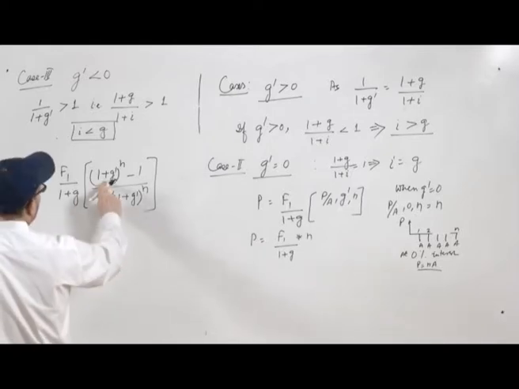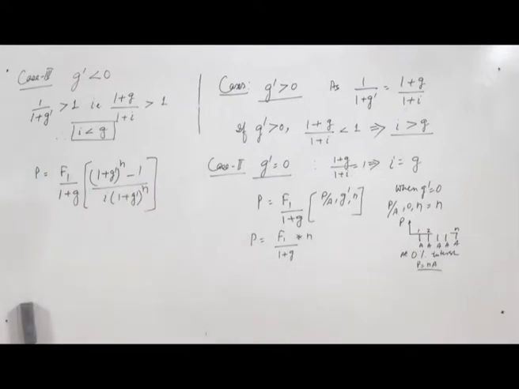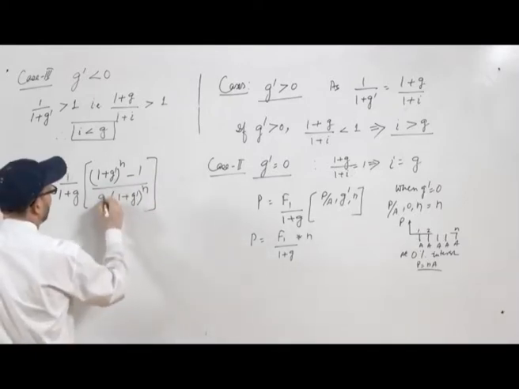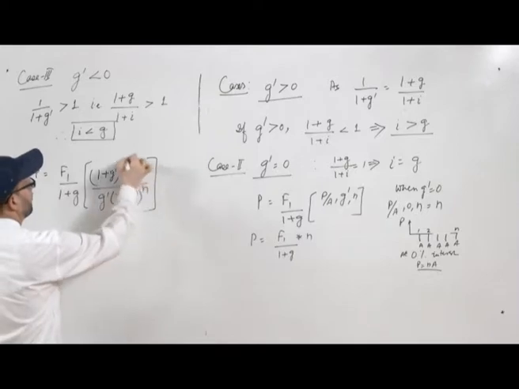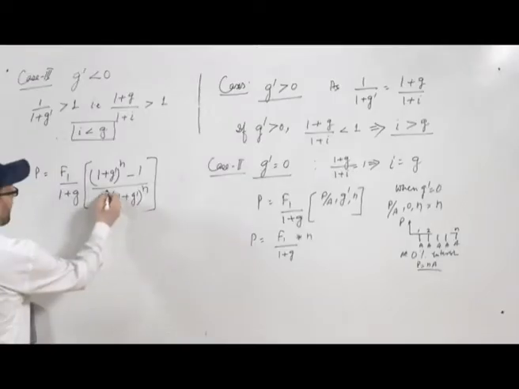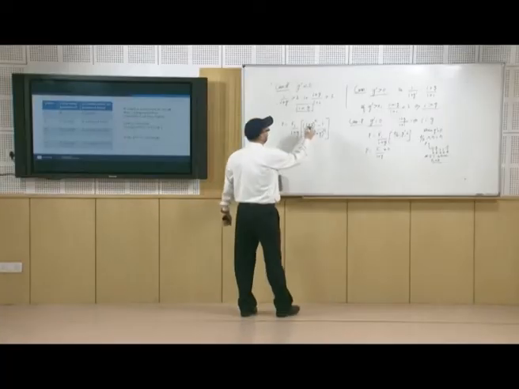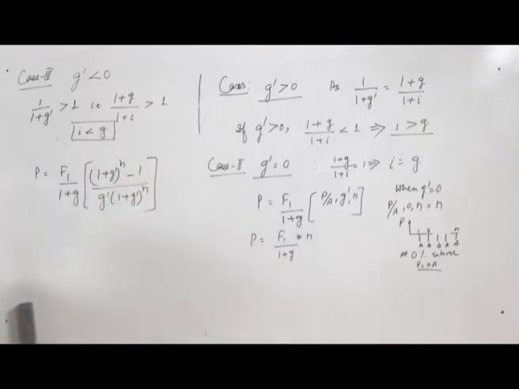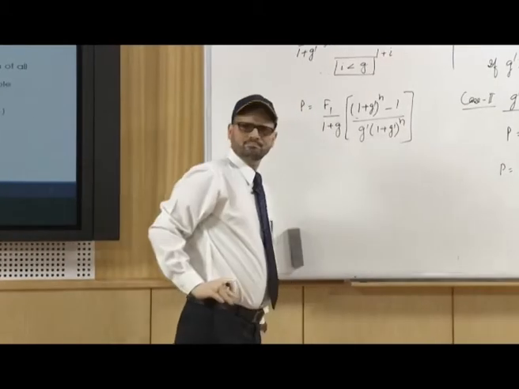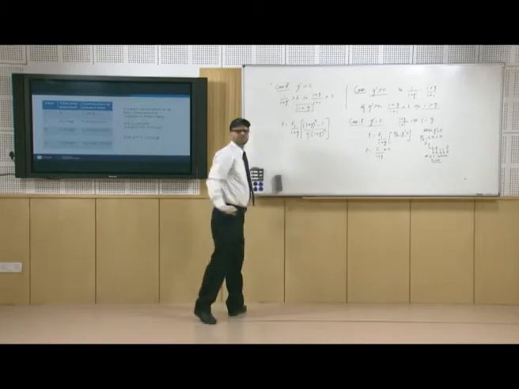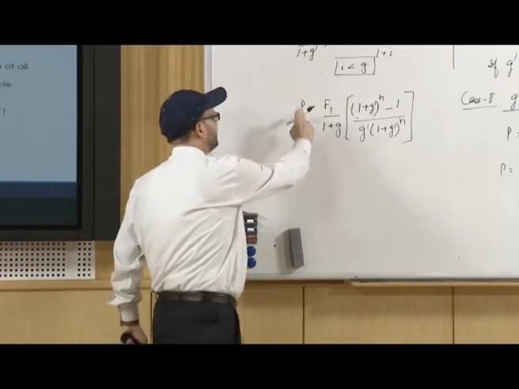This factor is negative, and this i is also g prime, so this factor also becomes negative. 1 plus g prime to the power n minus 1: this amount will be less than 1, and once it is subtracted from 1, this quantity will be negative, as well as this quantity is anyway negative. So, both negatives will cancel and you will get a positive value. So, you will certainly get a realistic P value.